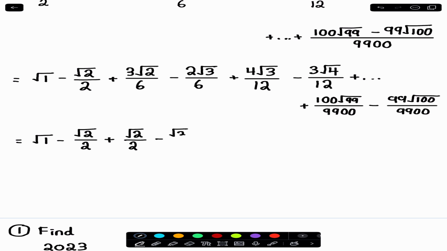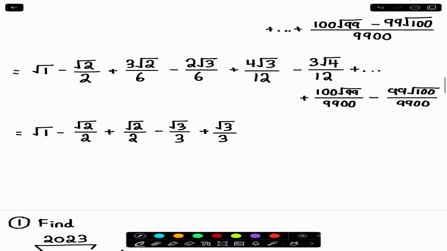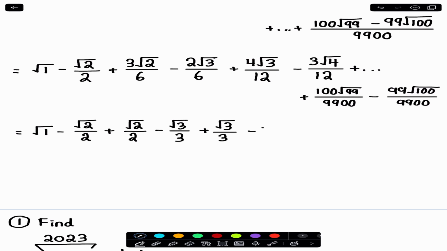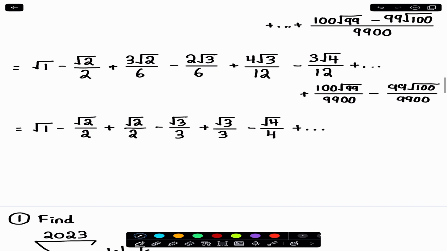That fraction simplifies to root 3 over 3. The 4 and the 12 will simplify to a 3 in the denominator. So 4 goes away, 12 becomes a 3. And we keep going. So I think you can see that we got what we're looking for.